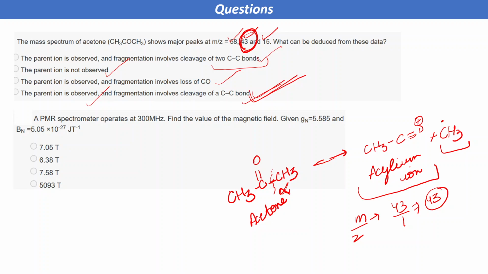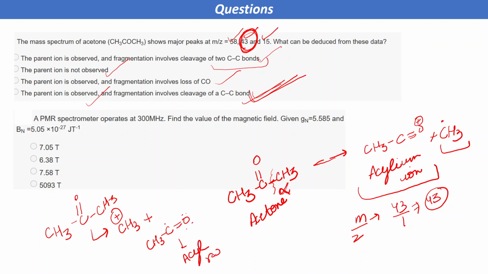Now one more possibility of fragmentation is formation of methyl cation and acyl radical. This is your acyl radical.